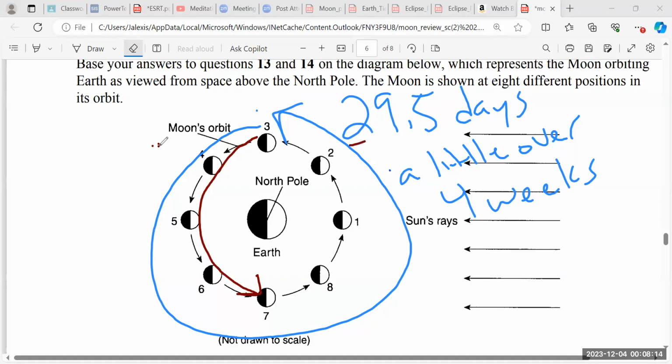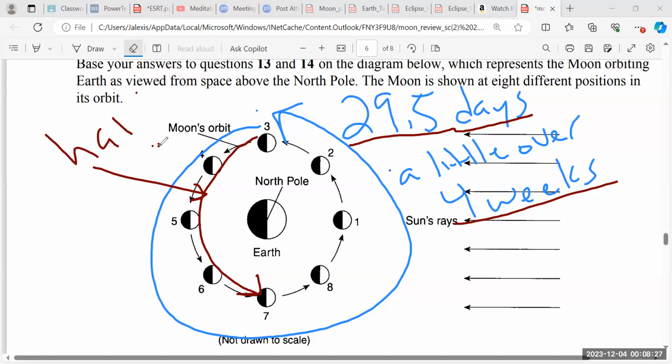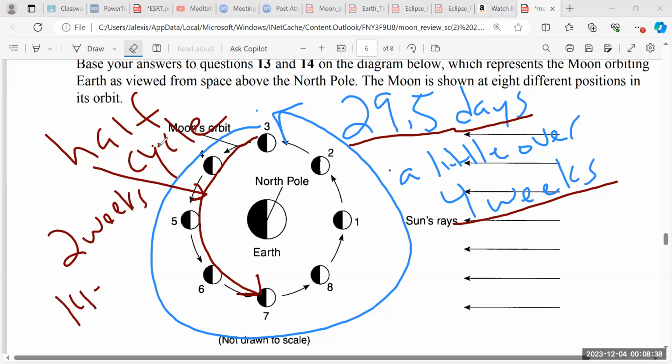So if the full cycle took 29.5 days, then half of the cycle is going to take half that amount of time. So it's going to take about 2 weeks, or somewhere between 14 to 15 days to complete half of that cycle.